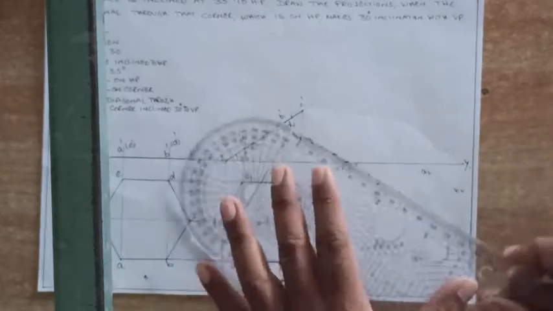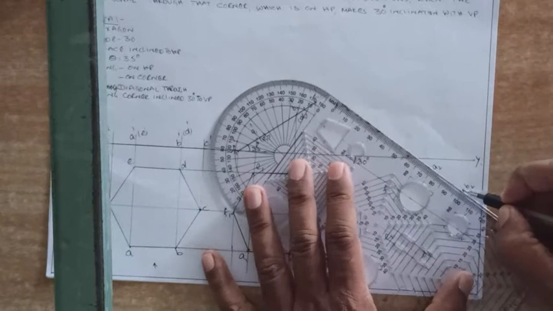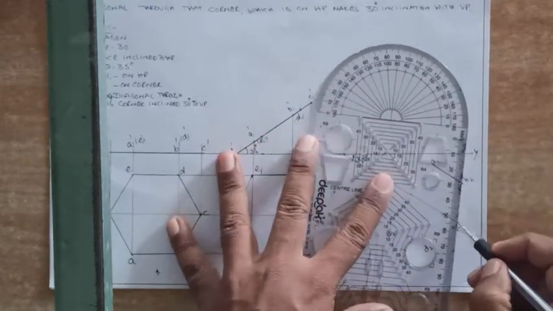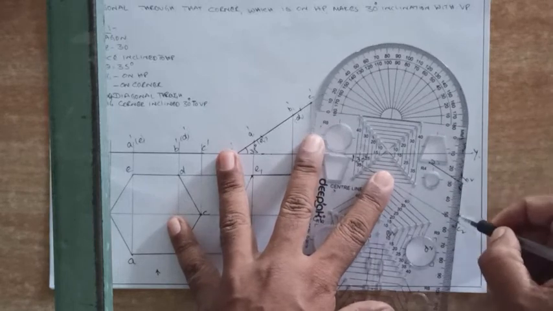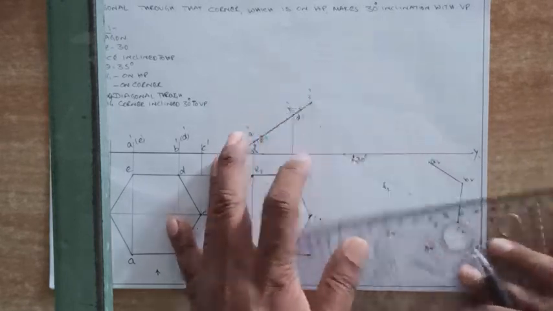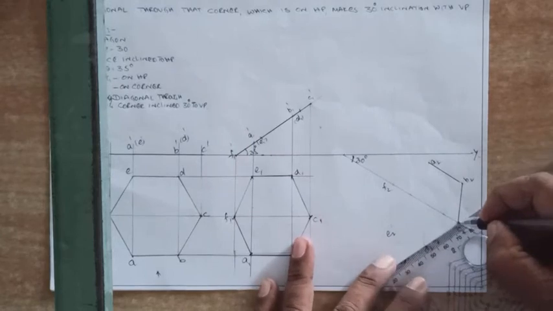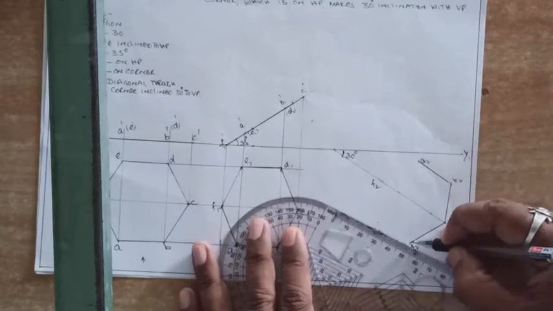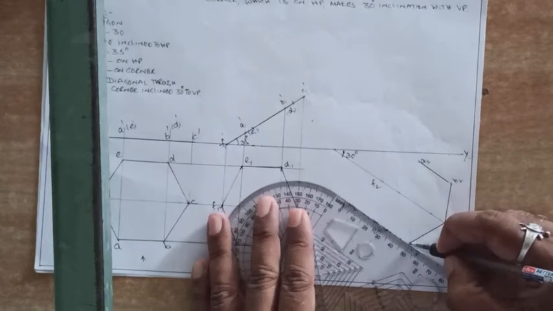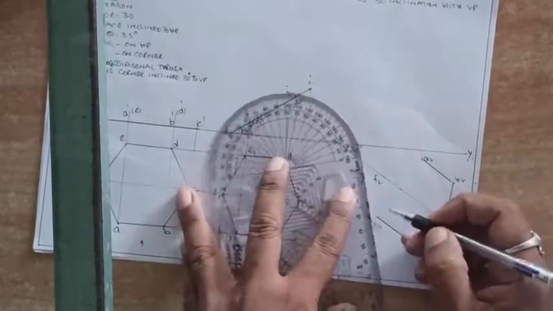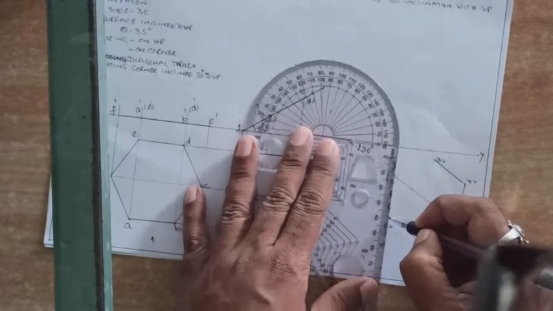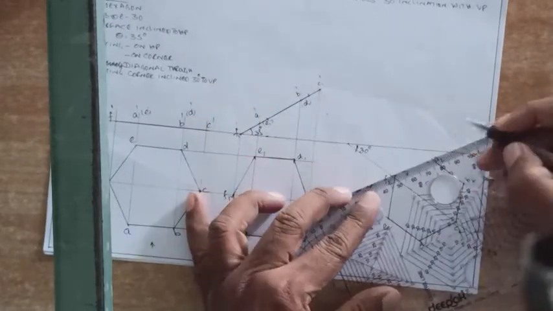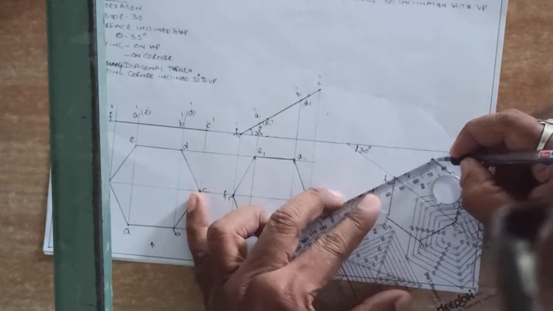So now join all the points in order: A2, B2, right, then A2, C2, right, then D2, thick lines, right, and F2, finally F2 with A2.